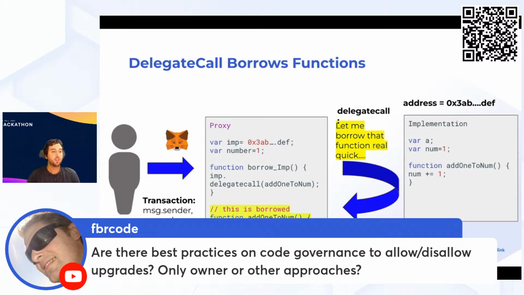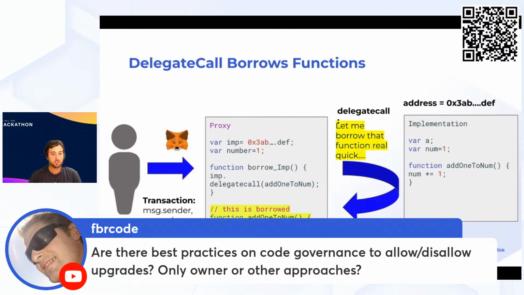Great question. Are there best practices on code governance to allow or disallow upgrades? Only owner or other approaches? Yes. We'll talk about some of those coming up in a bit, patterns that you can implement. But yes, there are some best practices. Security, again, it all depends on the nature of your smart contract and what you need out of it.